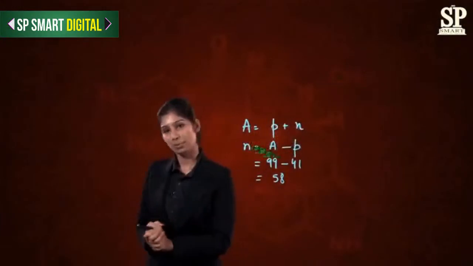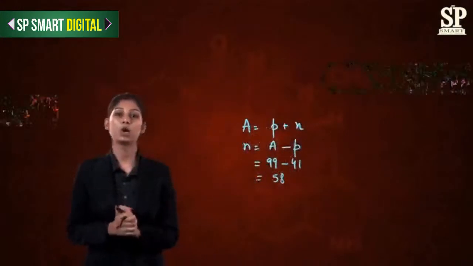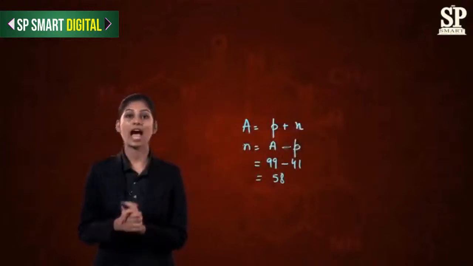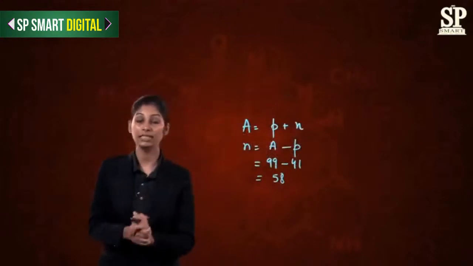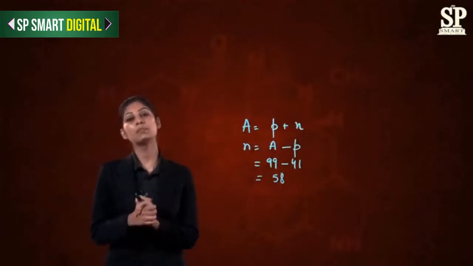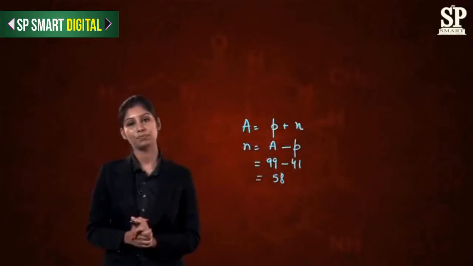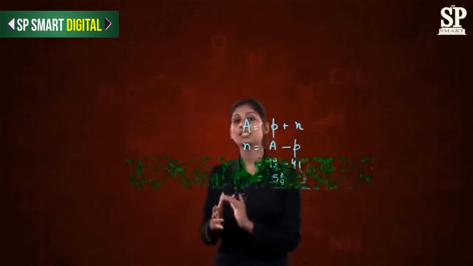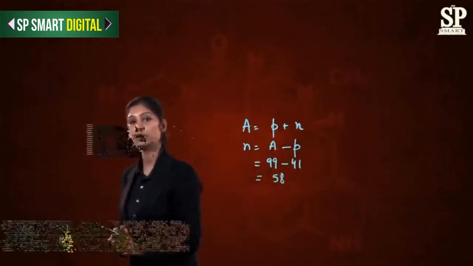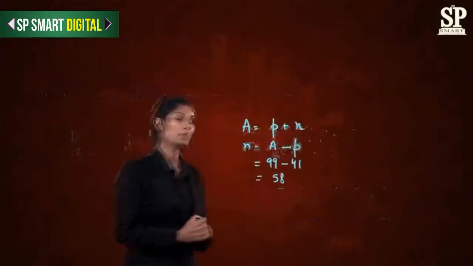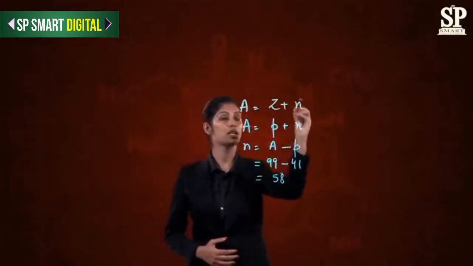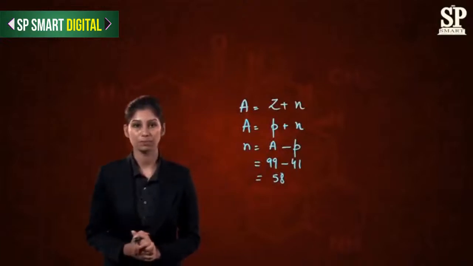Let's take another example. Calculate the atomic number of an element whose mass number is 31 and the number of neutrons is 16. What will be the symbol of this element? Now, from the definition of mass number again, mass number is equal to number of protons and number of neutrons. So the mass number can also be written as atomic number plus number of neutrons.